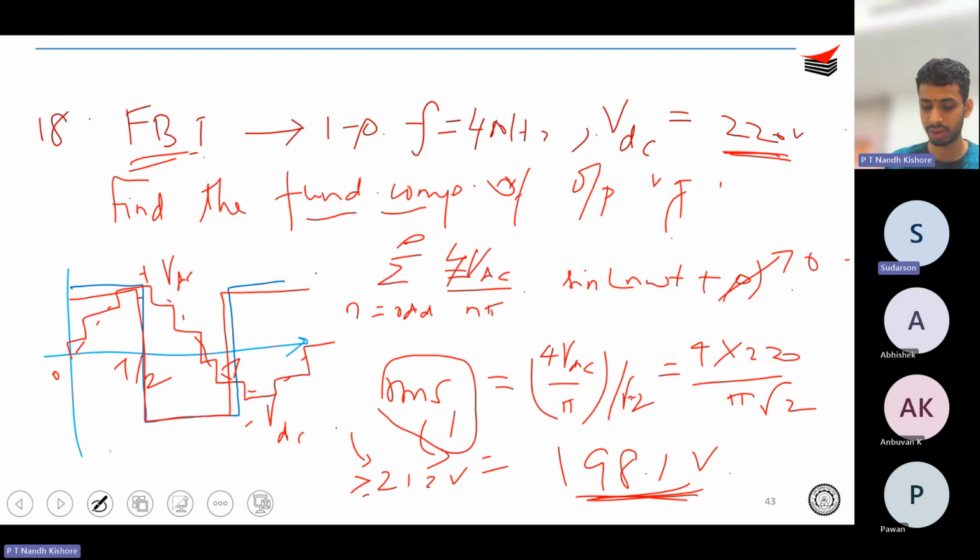Sir, can you explain Z source inverter? Maybe I can do it in the next class. Right now, I don't have the material to explain directly. This was supposed to be a problem solving session, and I didn't really find any problems on Z-source inverters, so I didn't take that up.